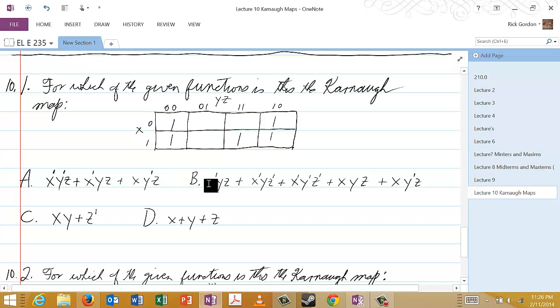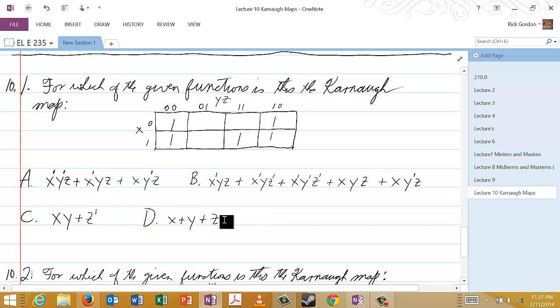For B, our choice is x prime y z, or x prime y z prime, or x prime y prime z prime, or x y z, or x y prime z. For C, our answer is x y or z prime, and for D, it is x or y or z.